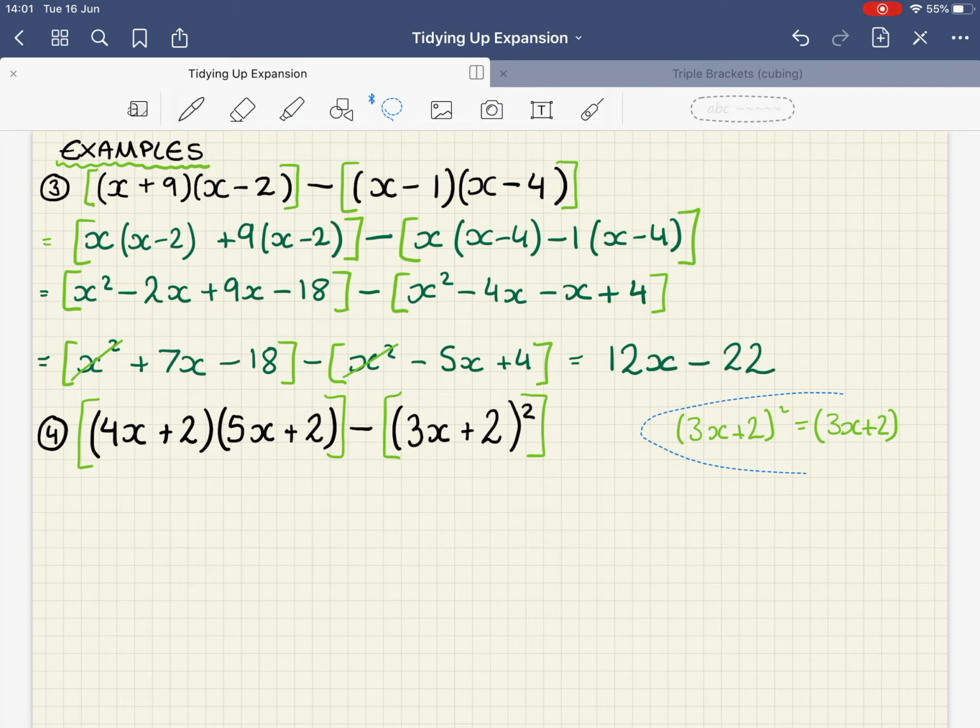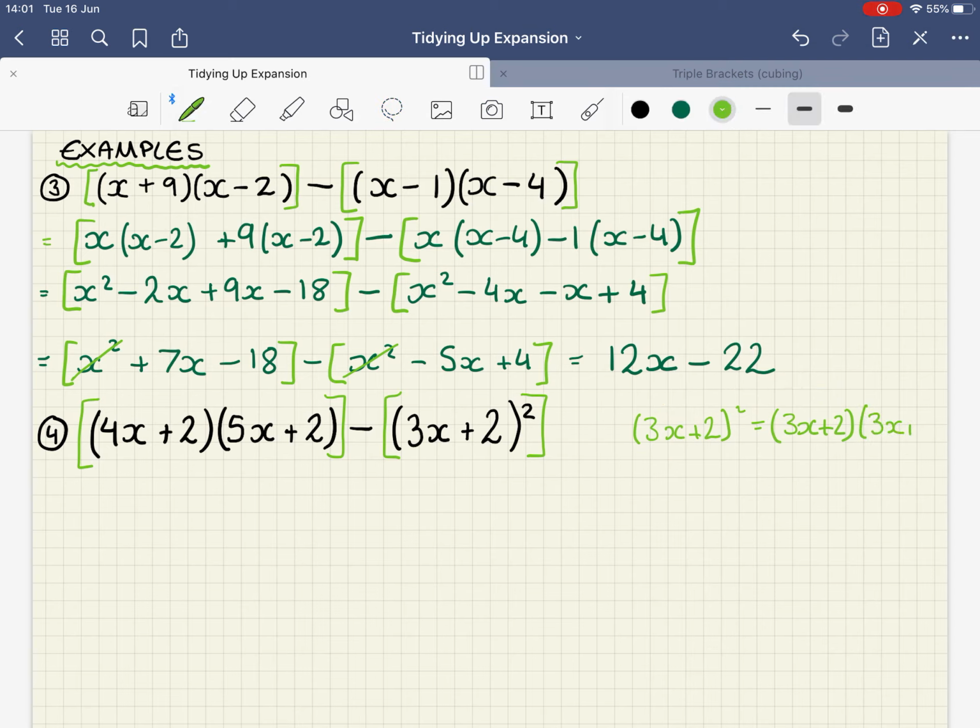I've run out of space. Let's just move that over a little bit. Okay, so I've got 4x plus 2, breaking apart that first bracket and putting the second bracket in the empty spaces.